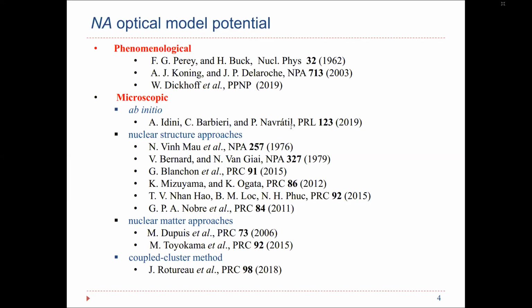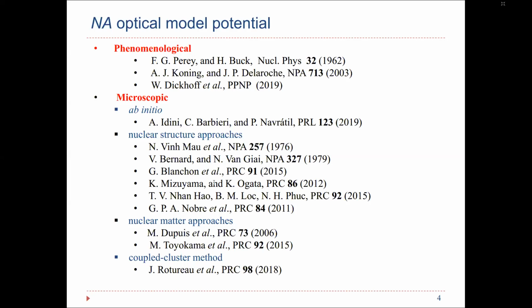My approach is based on the nuclear structure approach, which is adapted for the region at low energy, where the energy is lower than 50 MeV and the nuclear structure has some effect.